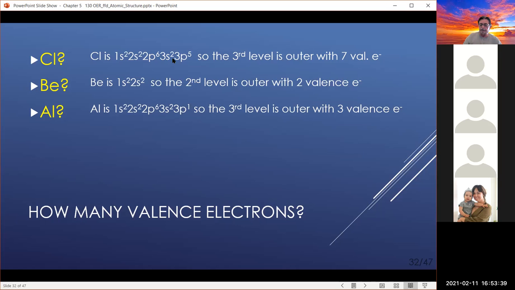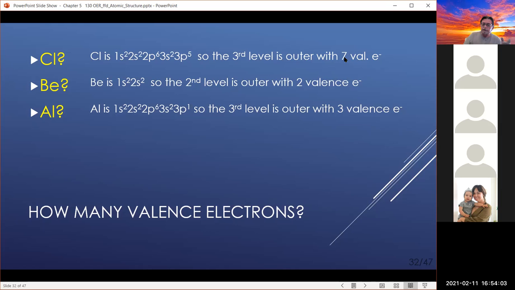And there's the electron configuration, 3s2, 3p5 is the valence shell. Beryllium is in group 2A, has 2 valence electrons. Its electron configuration is 1s2, 2s2. And aluminum is in group 3.